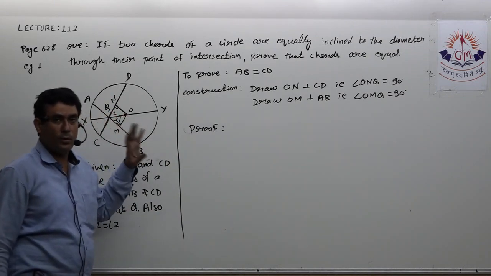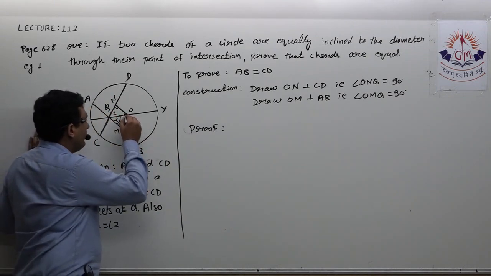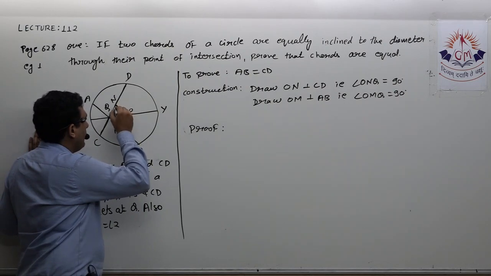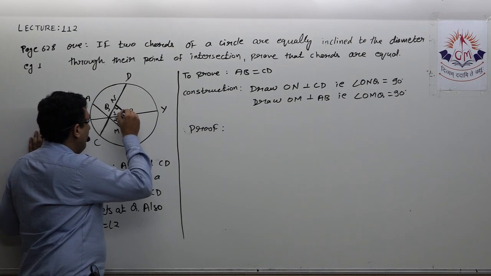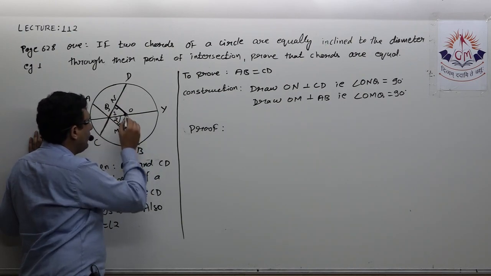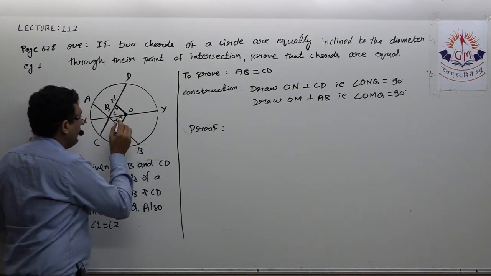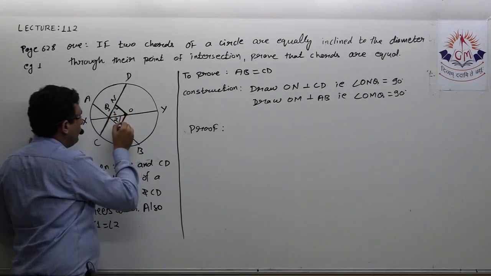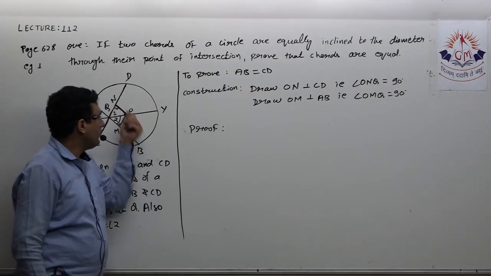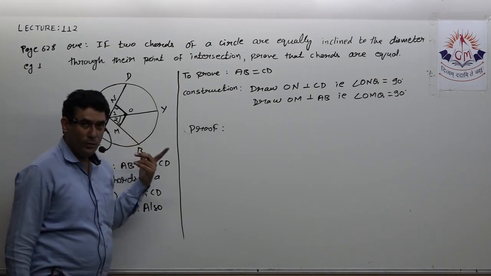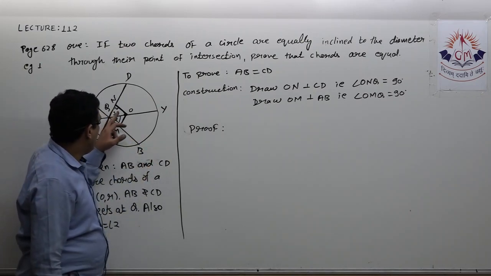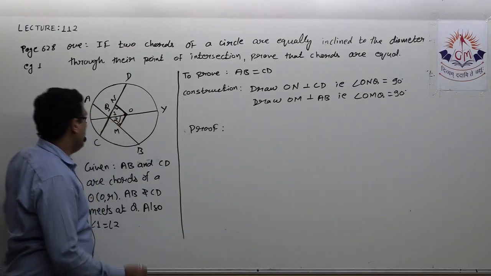If the chords are equidistant from the center, then they are equal in length. That means if I want to prove AB equal to CD, it is enough to prove ON equal to OM. If I prove the distance of these two chords from the center is equal, I can say definitely chords will be equal.